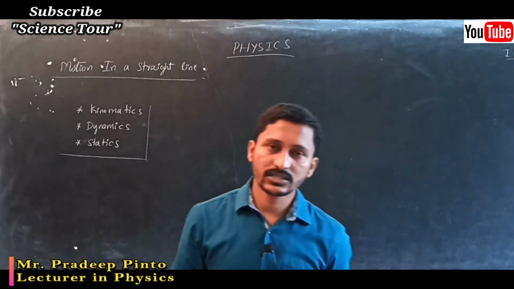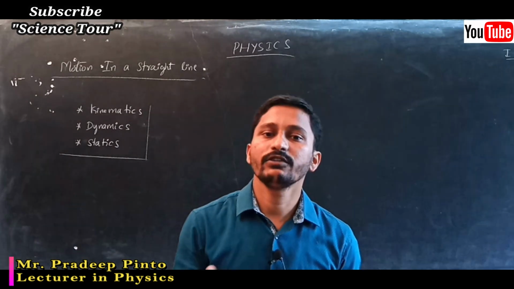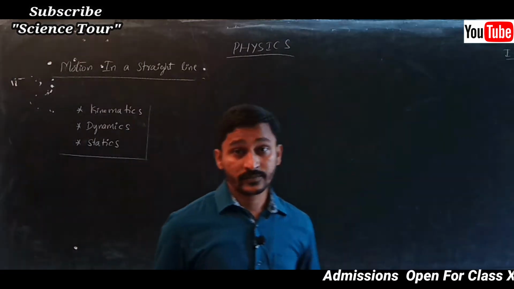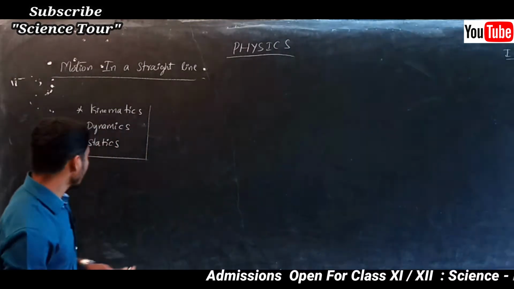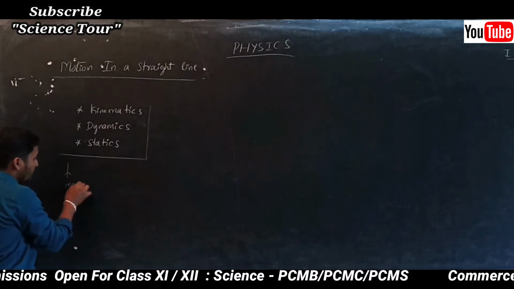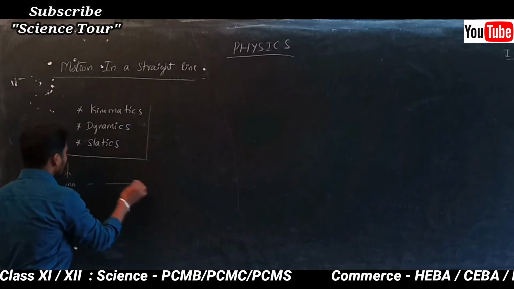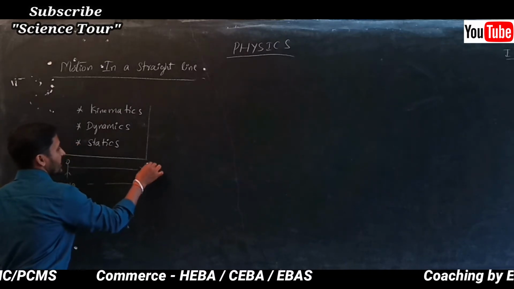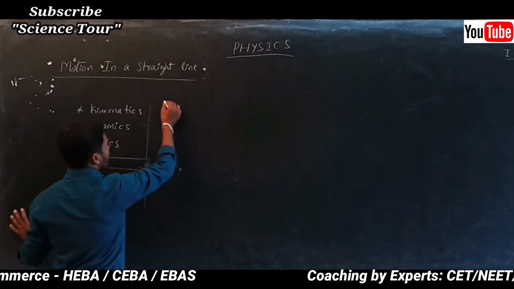So in this chapter, before starting everything, we will talk about physical terms. The first thing: you are moving from Mangalore to Bangalore. Some distance you are going to travel, that distance we will call path length.